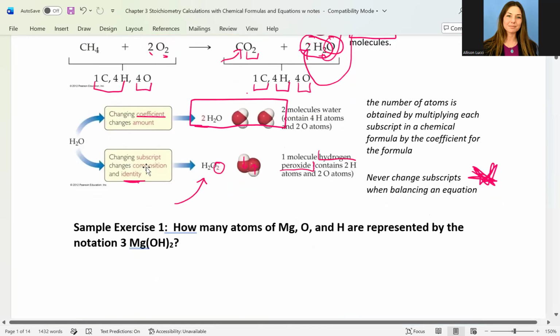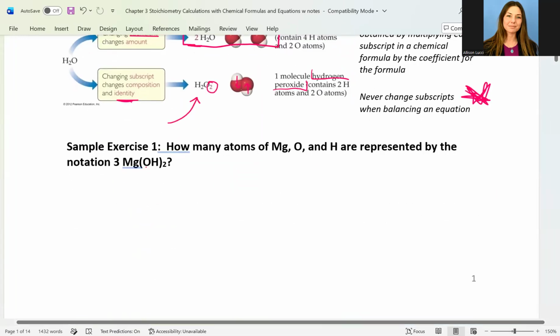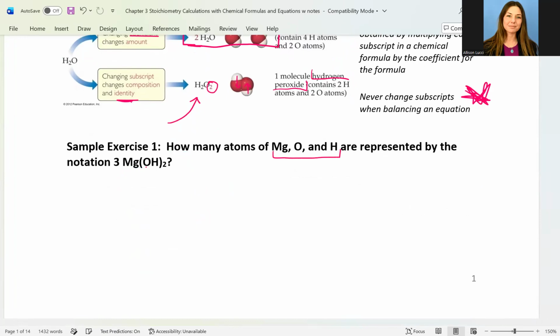So let's see if we can do sample exercise 1 here, and we'll figure out how many atoms of magnesium, oxygen, and hydrogen are represented in this notation here. So we have 3 out in front, that's our coefficient. We have 3 moles of magnesium hydroxide.